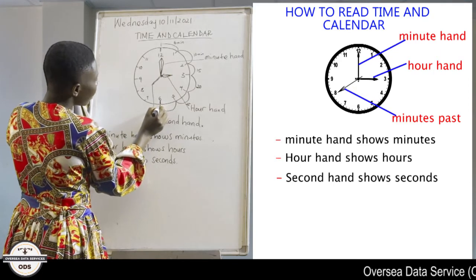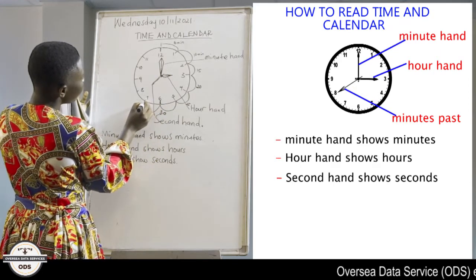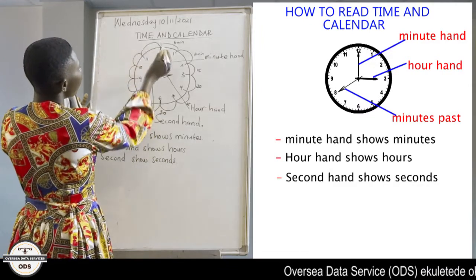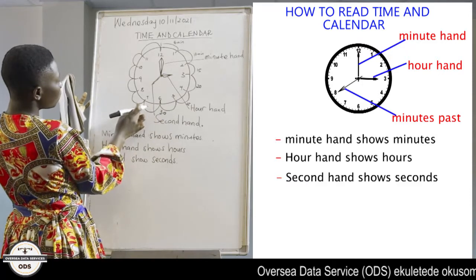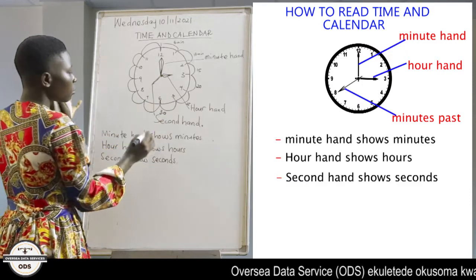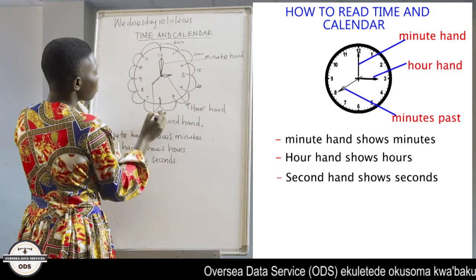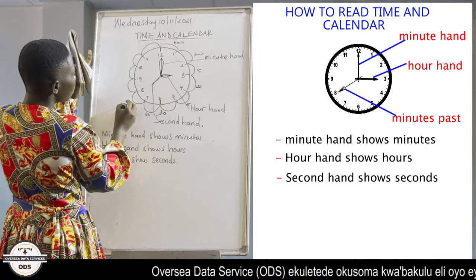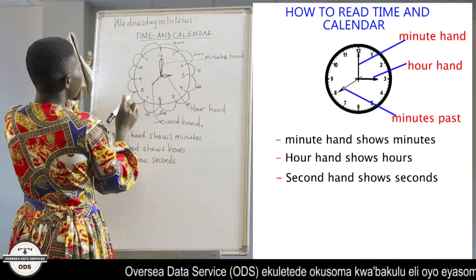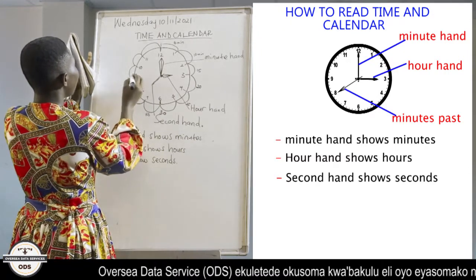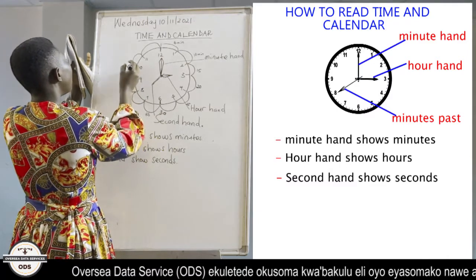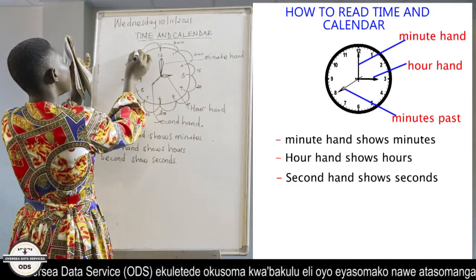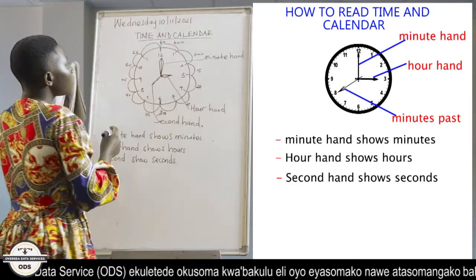Then let us continue moving from there. As I told you, from here up to here, we have 5 minutes, so it is 35. You keep on adding: 35, we have 40 here, 45, 50, we have 55 and 60.